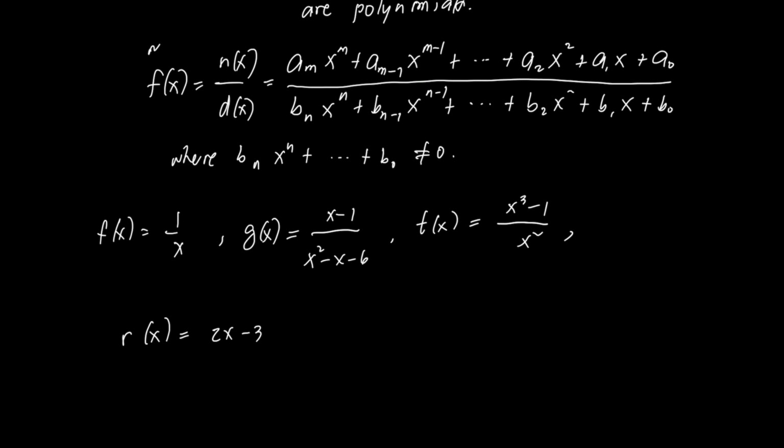So a linear function is also a rational function, because automatically there is a denominator 1 there and 1 is a polynomial.